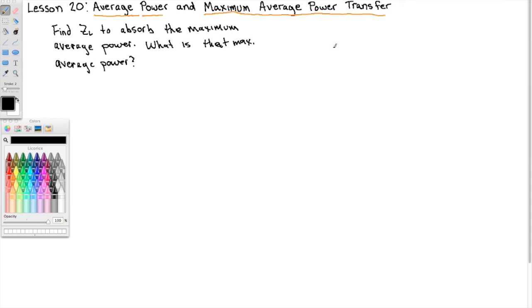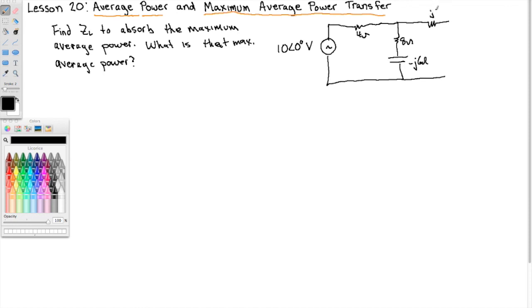Okay, so let's write a circuit here. Let's say that this is 10 angle 0 degrees volts. And we've got 4 ohms, 8 ohms, minus j6 ohms, j5 ohms, and here is our load, ZL. The first thing we need to do is find the Thevenin equivalent circuit.